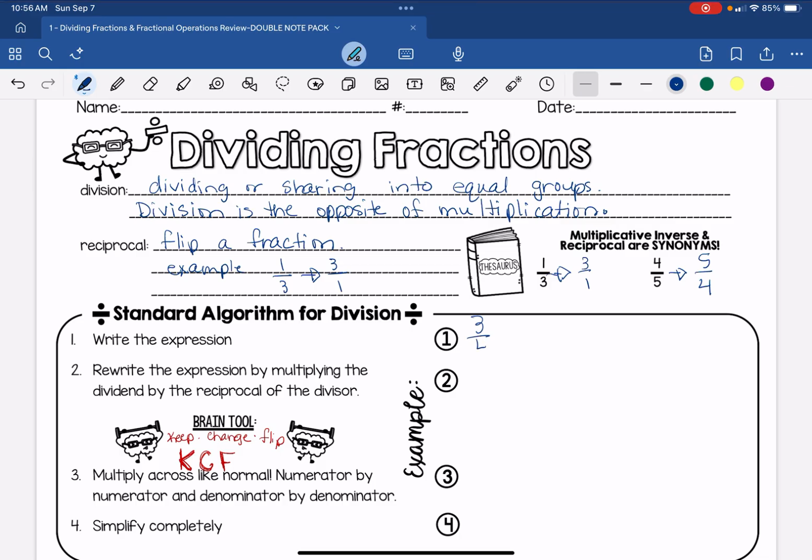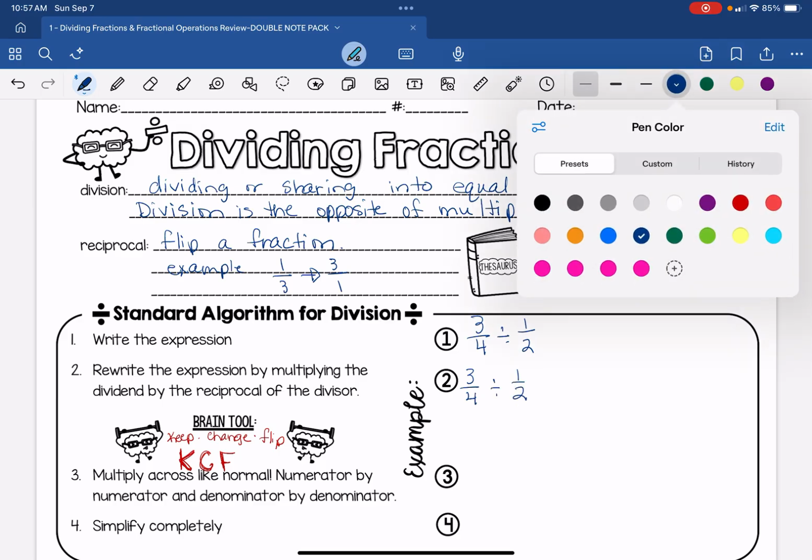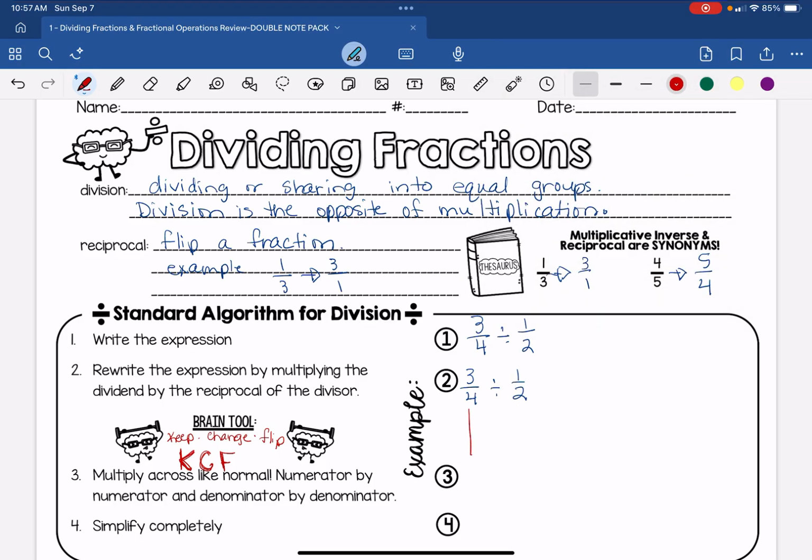So if my problem is 3/4 divided by 1/2, I will keep this first number. I will change the sign to multiplication, and I will flip to 2/1.